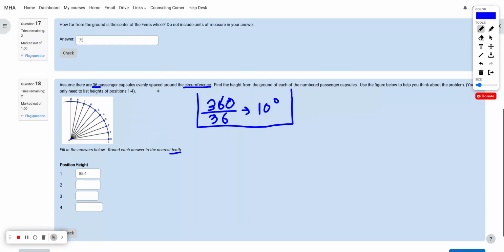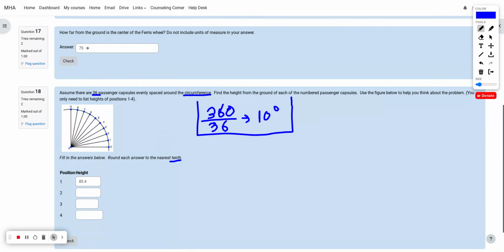Now there's something I see people doing, is that they take the 75 and the 10.4 and they think, oh, well, this is 10.4, so this must be 20.8. No, not true.